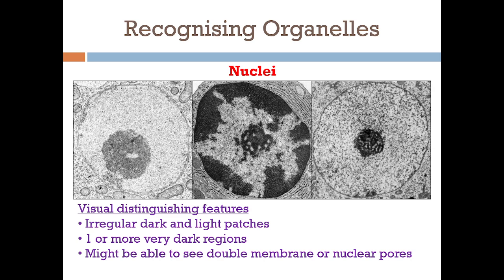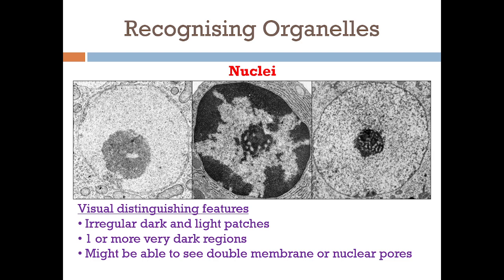But for the one on the left and on the right, even though the distinction between the dark and light is not so obvious, you can still see it's not a uniform color. There are certain patches that are darker and lighter, all mixed together. So dark, light, very irregular kind of coloration. That will give you a hint that this may be the nucleus.